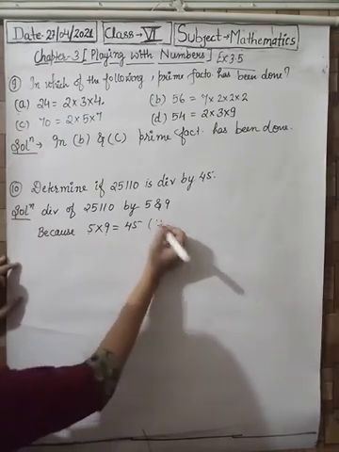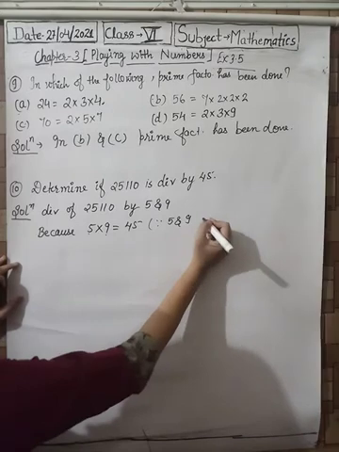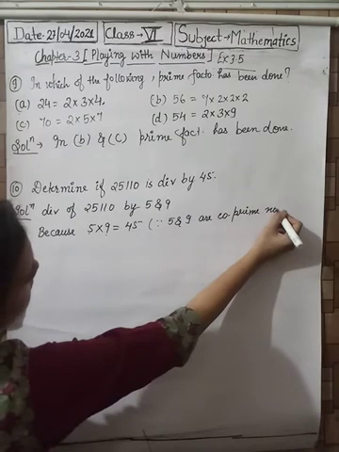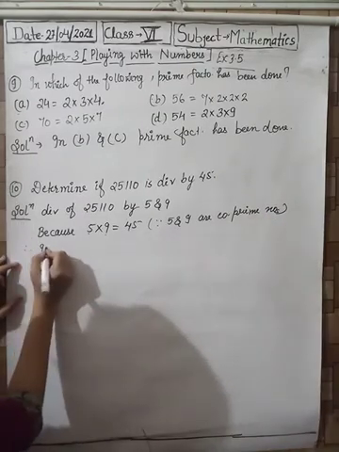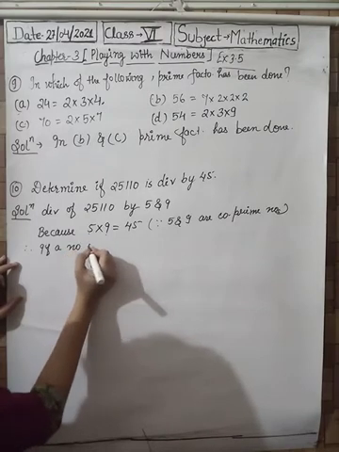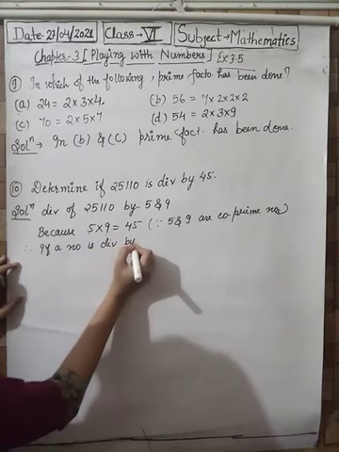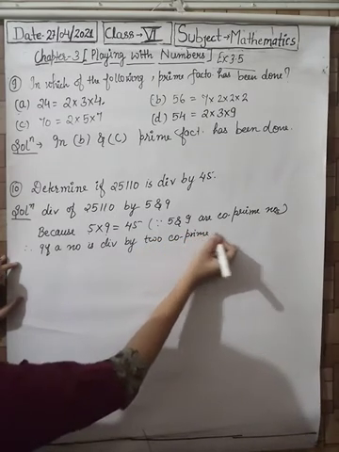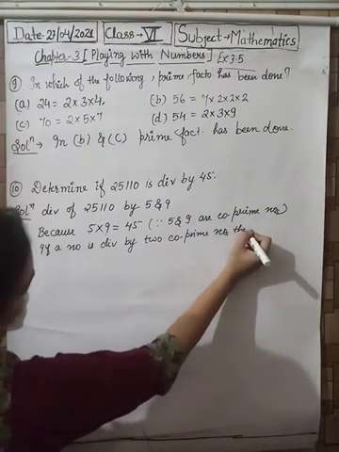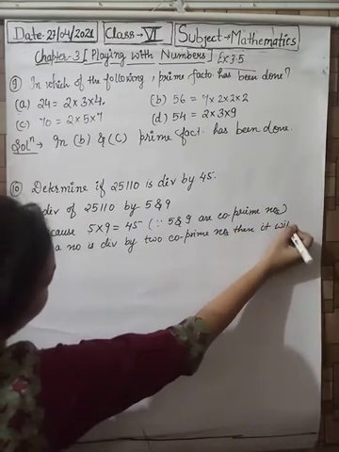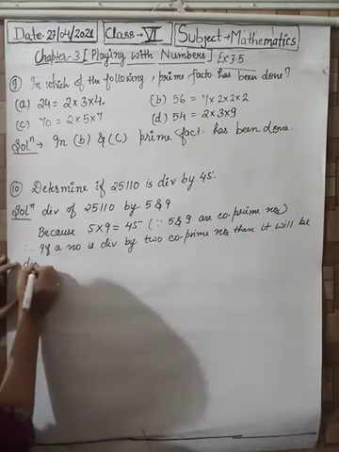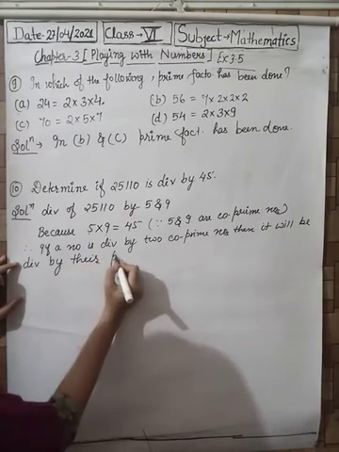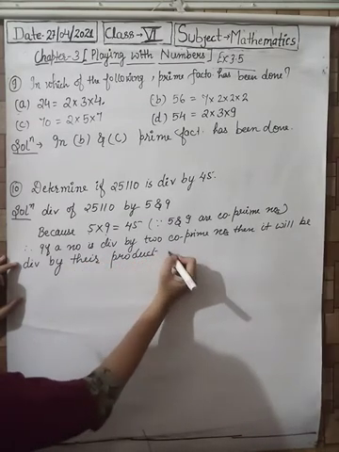Okay. Since 5 and 9 are co-prime numbers, so if a number is divisible by two co-prime numbers, then it will be divisible by their product also.